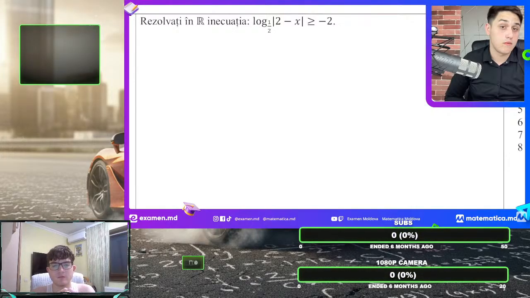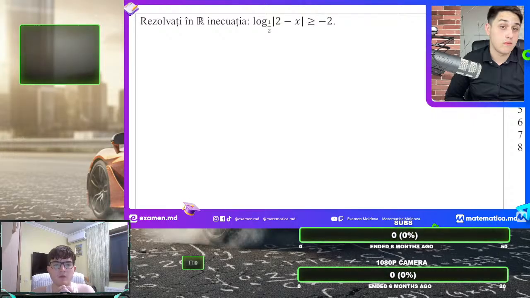For 2 minus x, we just have to write it as bigger or equal to 0, and we're going to have minus x bigger or equal to minus 2, so x is smaller or equal to 2. So we have those values: from minus infinity till 2, inclusive.